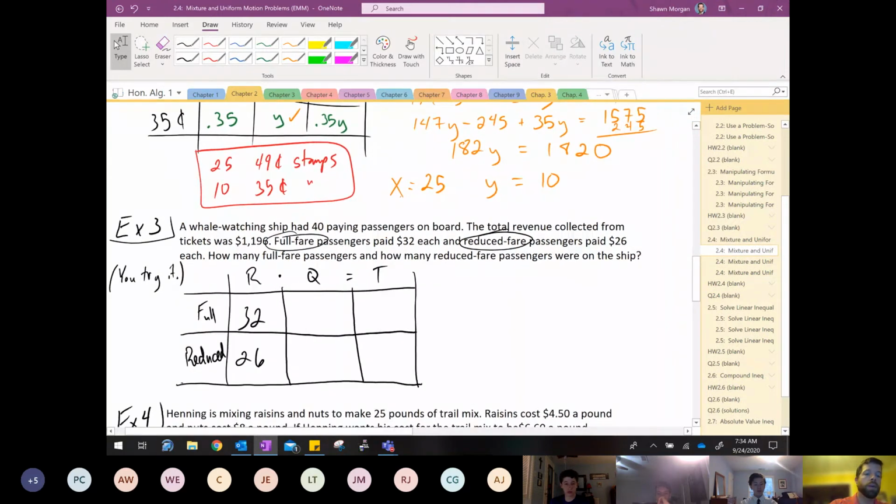What I mean by that is, if I said let X be the number of full tickets, how could I express the number of reduced tickets? Well, I'm going to need to use that 40 somehow. For example, let's say I've got 25 of you guys in my class and 7 have blue eyes. How many don't have blue eyes?